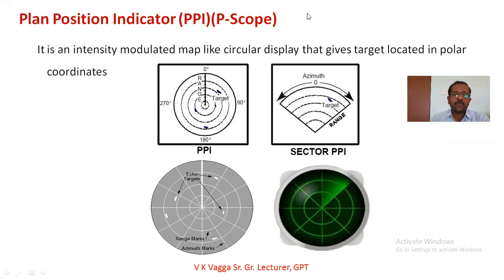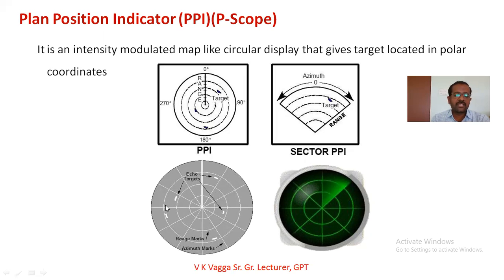As an example, you can see the black dot here. The actual target is available at this point, and its range is measured from the center. The actual distance is calculated from the center, and that itself indicates the range here.